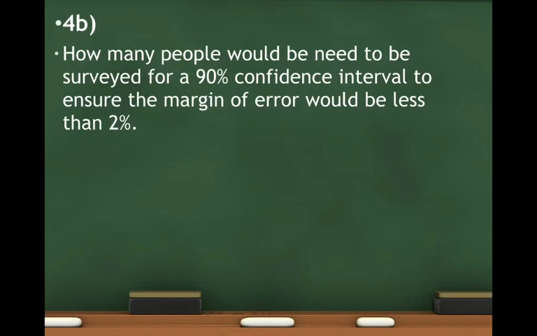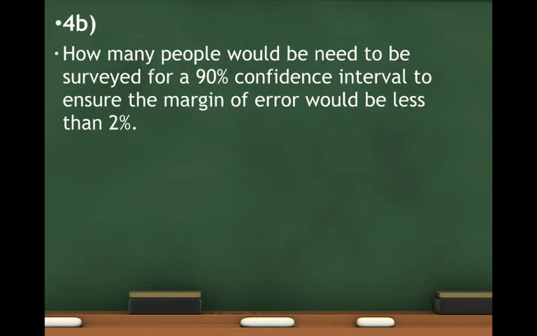And so for our last problem, what we want to do is find how many people would be needed to survey if we want to find a 90% confidence interval, and we want to ensure the margin of error will be less than 2%. We can find our sample size when we know how much confidence we want and how much we want our margin of error to be.